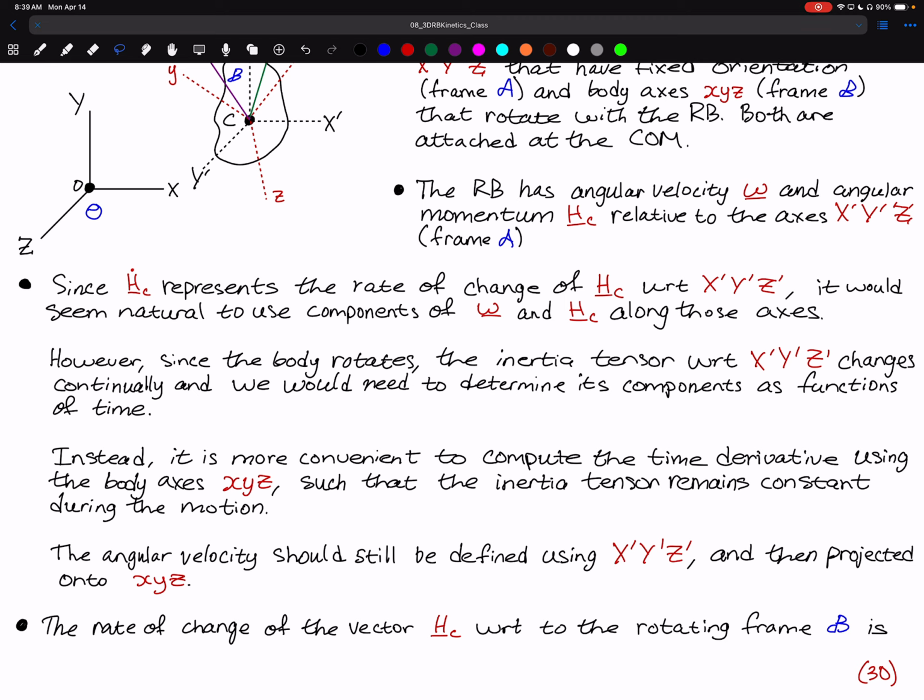Instead of doing this, it's just more convenient to compute the time derivative using our body axes, such that our inertia tensor stays the same throughout that motion. We're still going to define our angular velocity in the fixed frame that's attached at the center of mass, and then we'll project those onto the body axes.